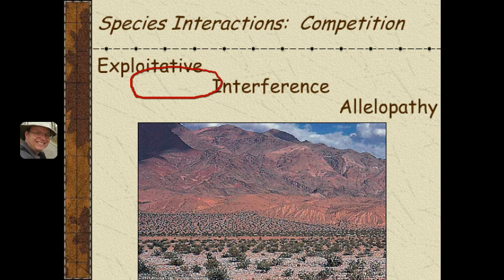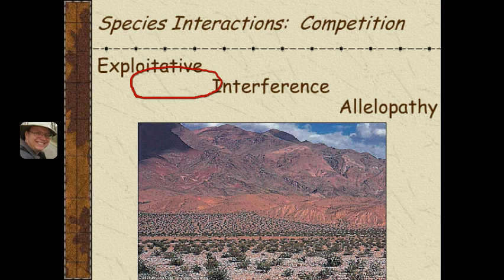Exploitative competition. Now, in exploitative competition, two individuals, two species are trying to utilize the same resource at the same time, trying to utilize the same niche at the same time.